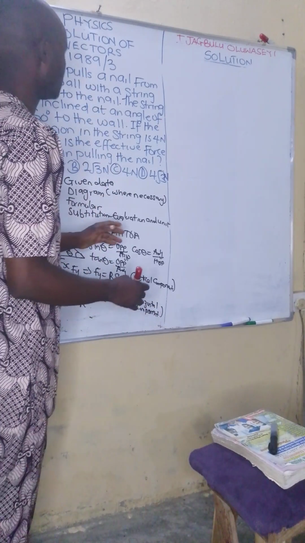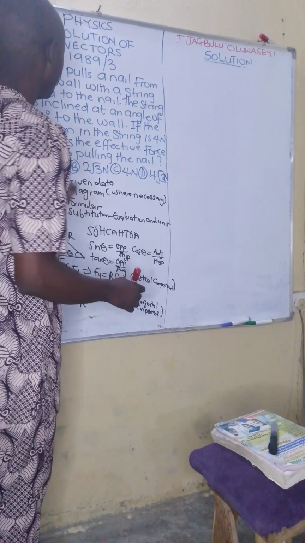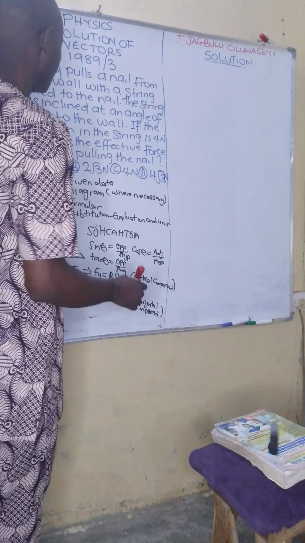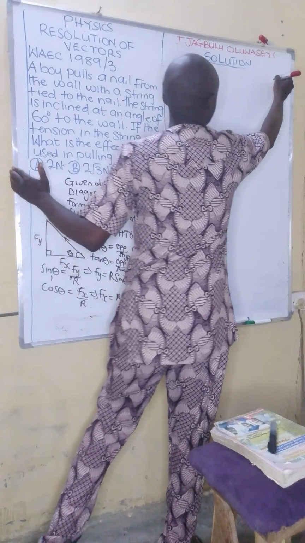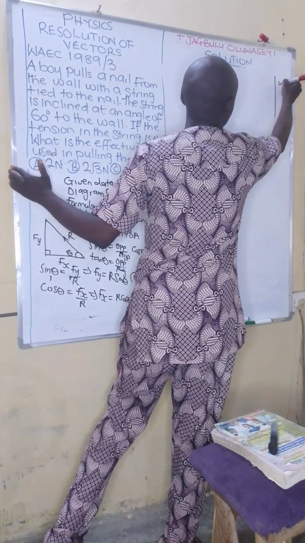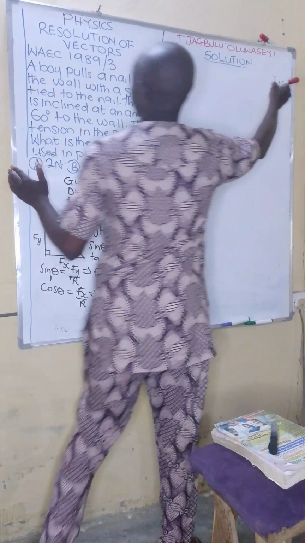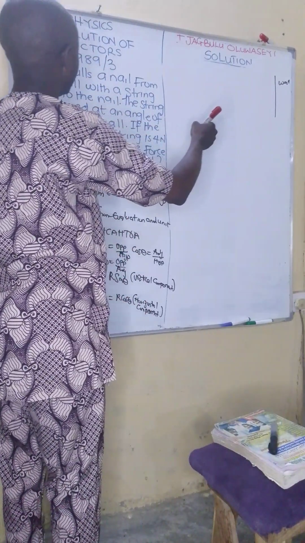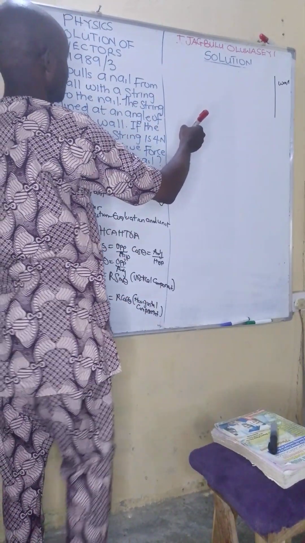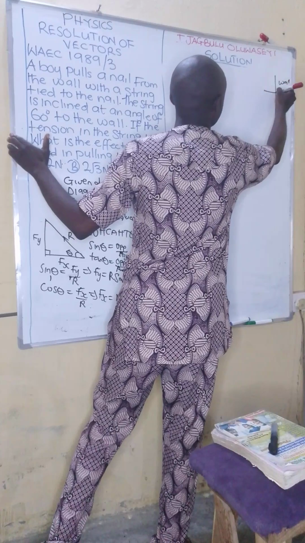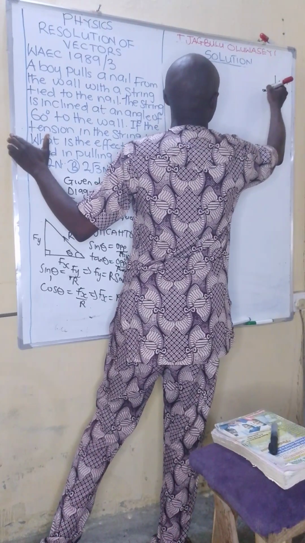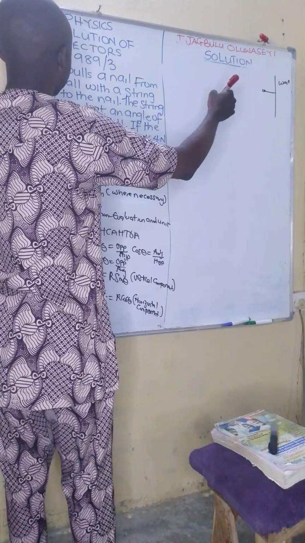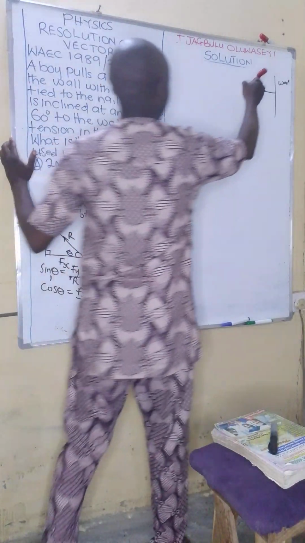So now, by what I have just given us here, I told us that we have to bring our data out, but let's draw the diagram first. This is the wall. We said a boy pulled a nail from the wall with a string tied to the nail. So we have our nail here. Then we have the string tied to it, inclined at an angle of 60 degrees.